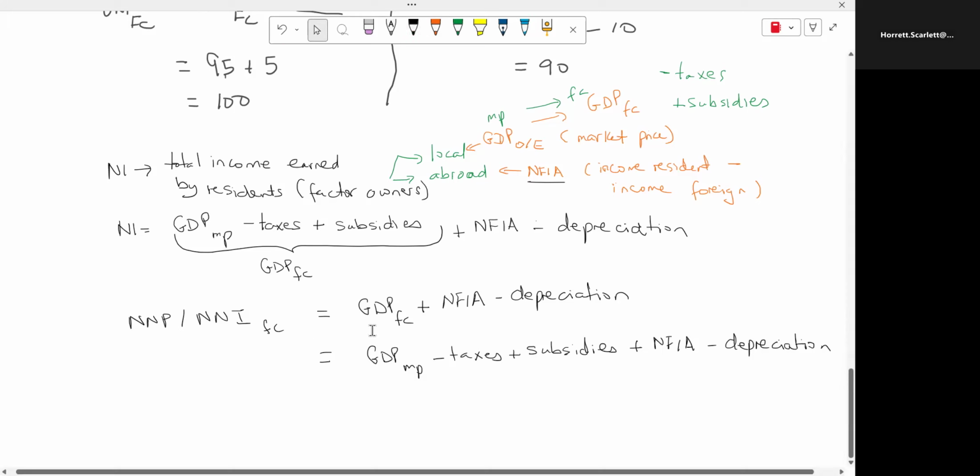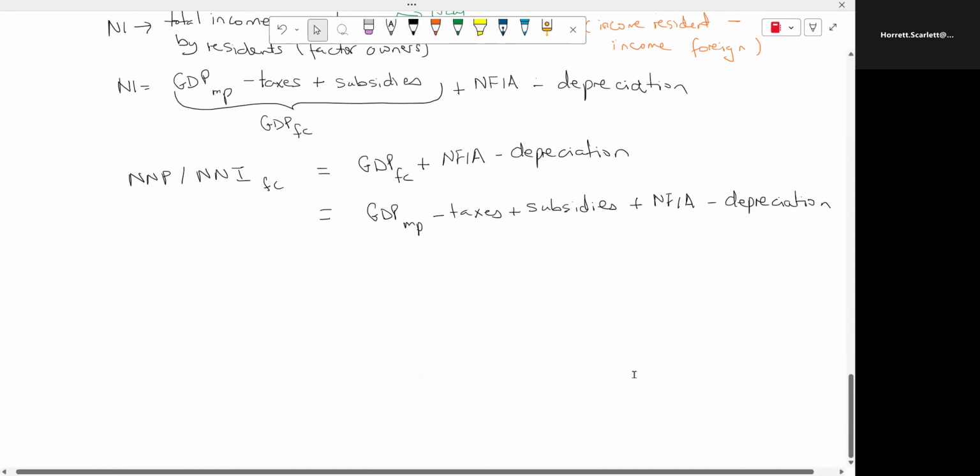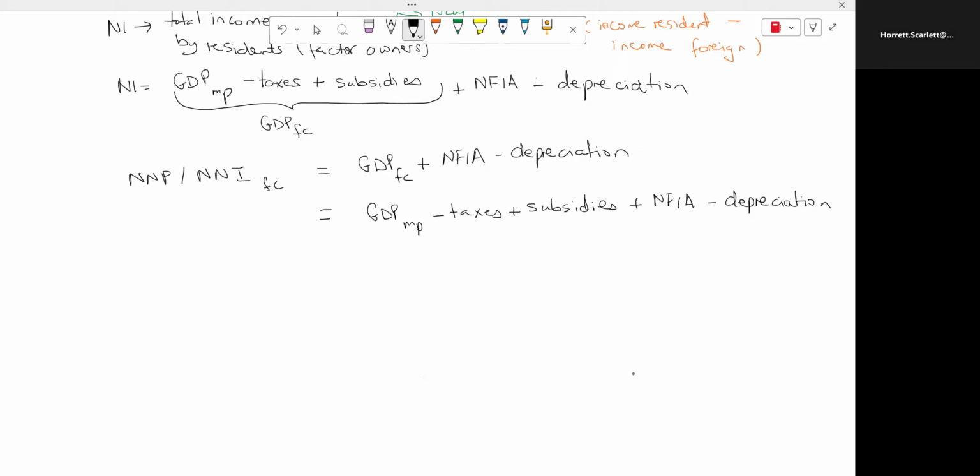So this is just an expanded form to compute net factor income or net factor product.